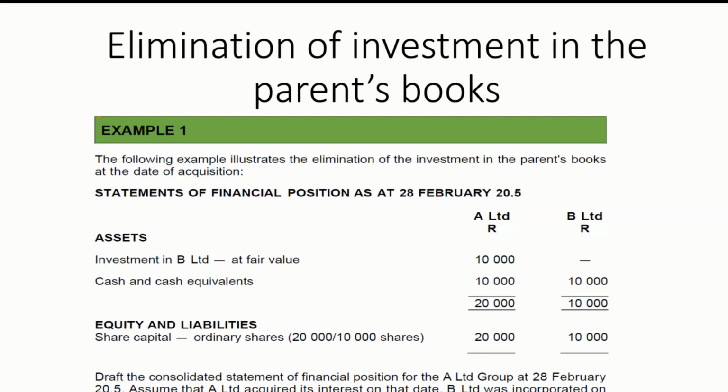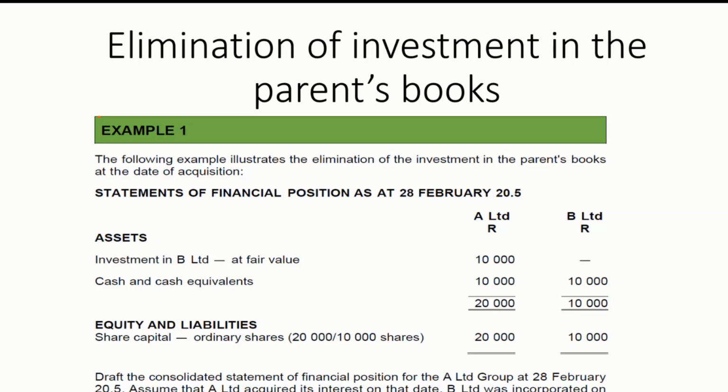The question needs a statement of financial position, which means we are going to say assets. Under the assets, we have current assets. We are going to add cash and cash equivalents together to give us 20,000. Therefore, we move to equity and liabilities.